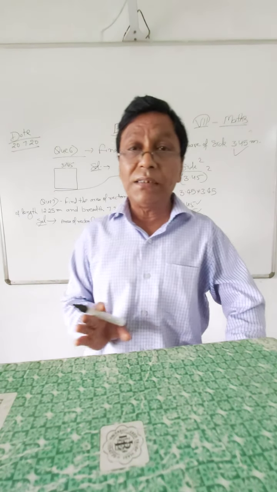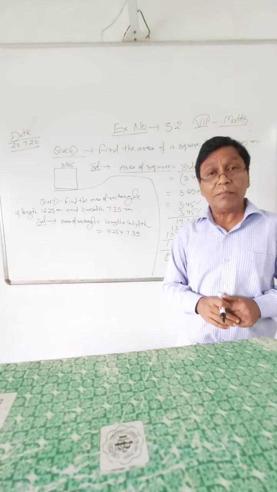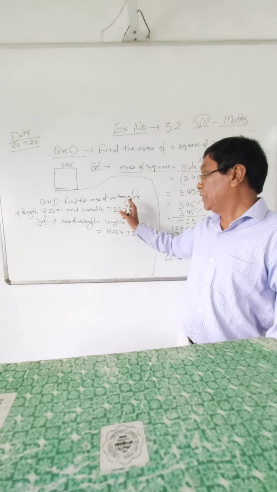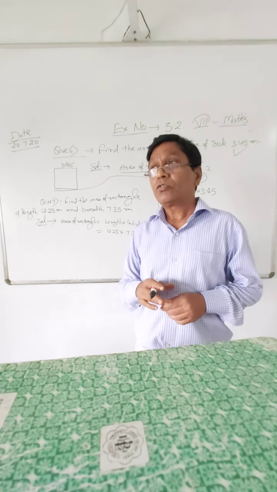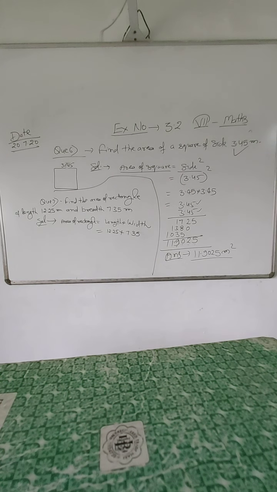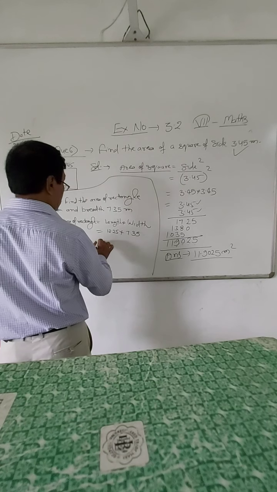How to multiply decimal numbers, I have told you already. After multiplying, whatever comes will be in meter square, because this is given in meter. Area is always written in square, so it will be that much square meter. That also you try yourself.